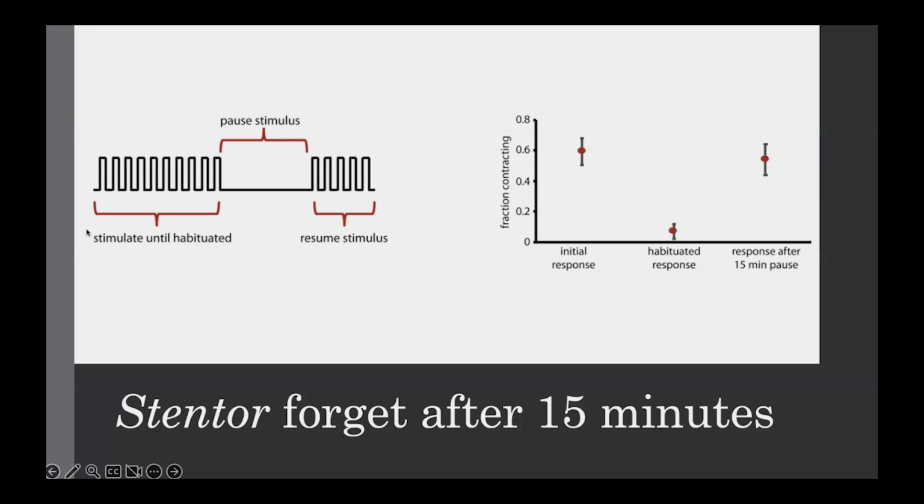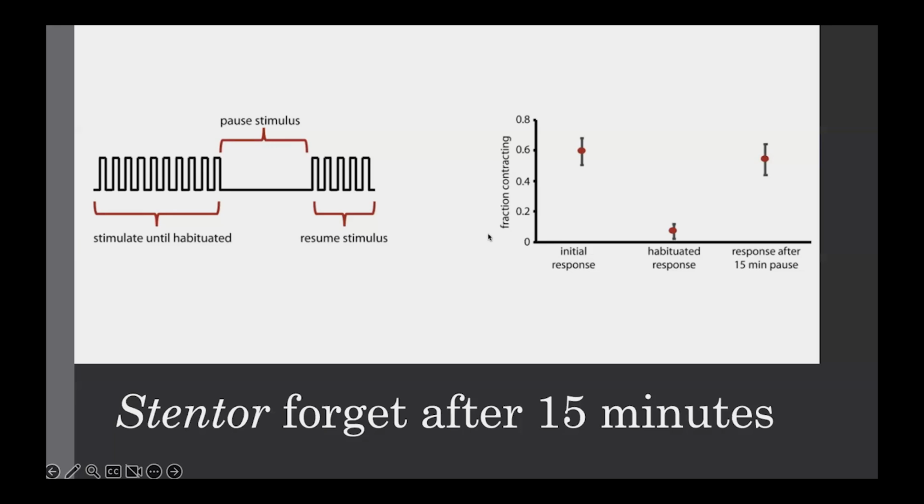To measure this, this is the experimental schema over here. We stimulated the cells until they were habituated. These little spikes represent taps that the cells are receiving. Then we pause the stimulation for 15 minutes, and then we resume the stimulation afterwards. On the y-axis is the fraction of cells contracting.